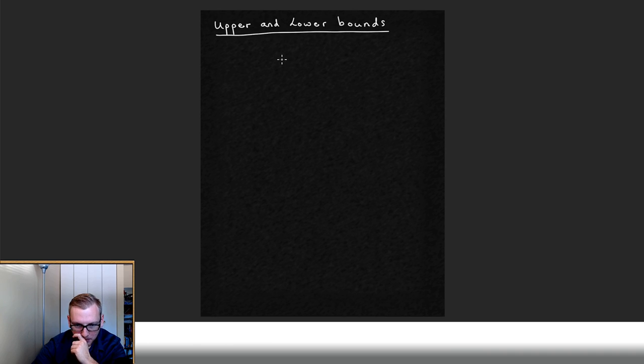So we could say that an upper and a lower bound is like setting a maximum or a minimum.